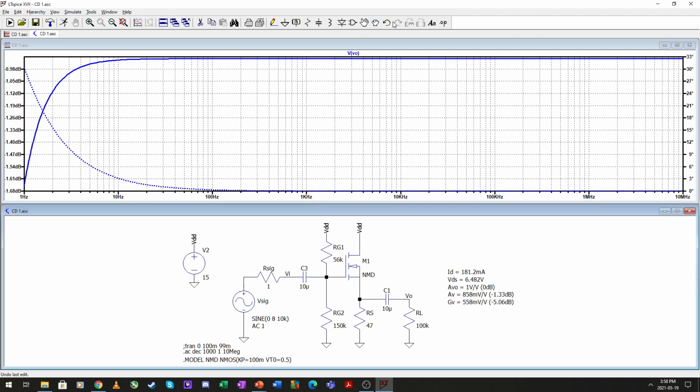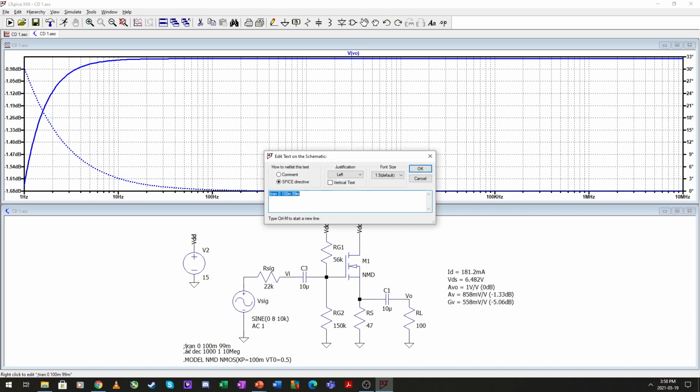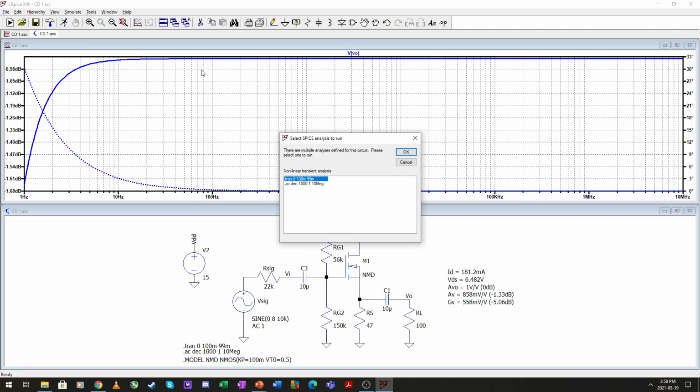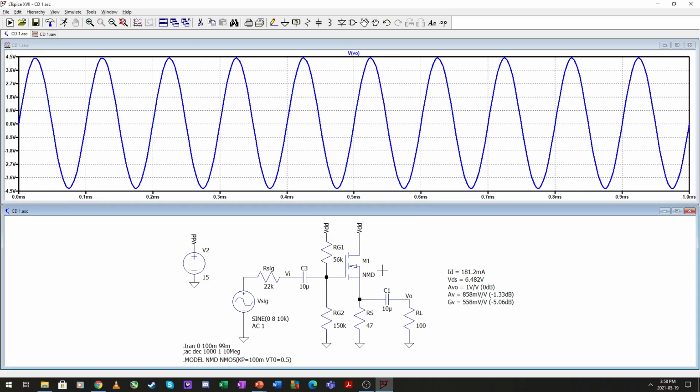So let's have a look at our amplifier in the time domain and see what we get.